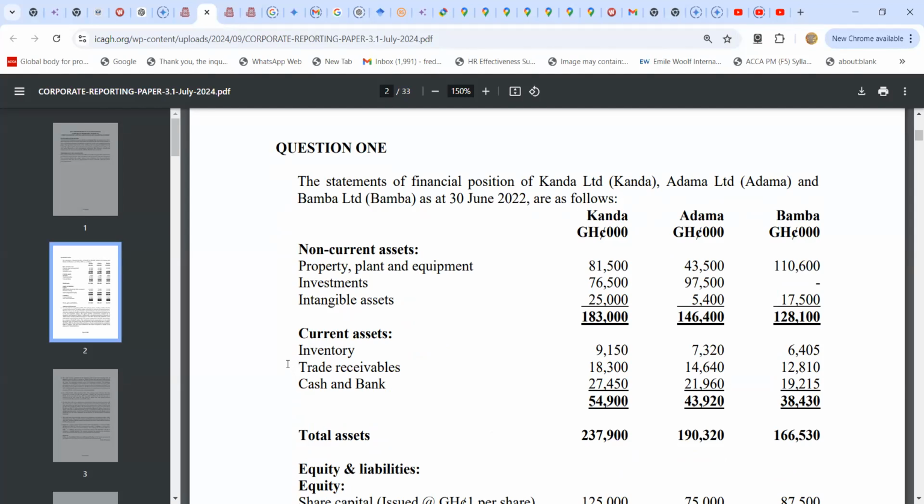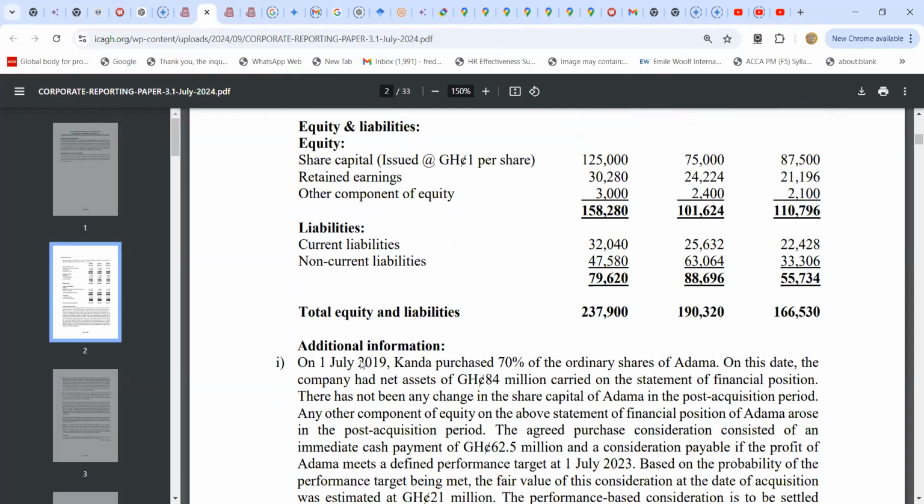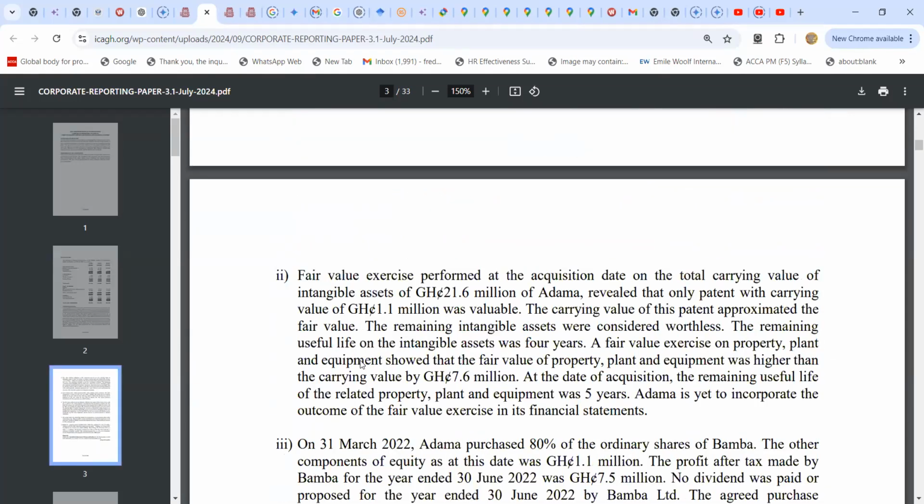Anytime the examiner gives you the breakdown of current assets, that means the examiner doesn't mean business. He's very good, unlike a certain boss of mine, who will congest it. He will never give you a breakdown of current assets. So you see, you had other component of equity, current liability and non-current liabilities. The same style.